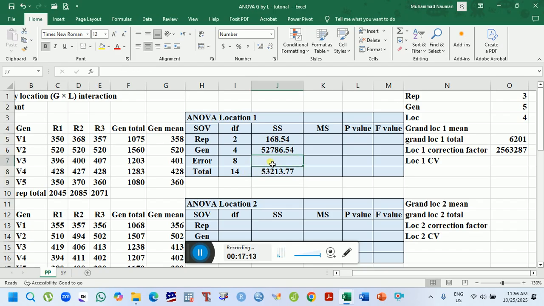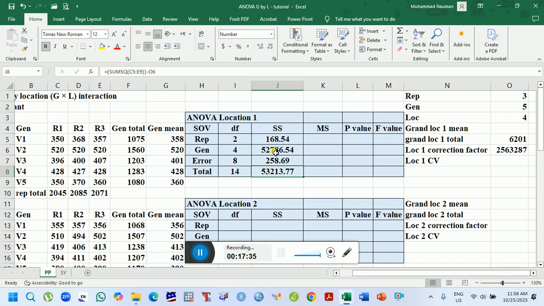Now calculate the error degree of freedom. Oh, sorry, error sum of square is equal to total sum of square minus replication sum of square minus genotype sum of square.